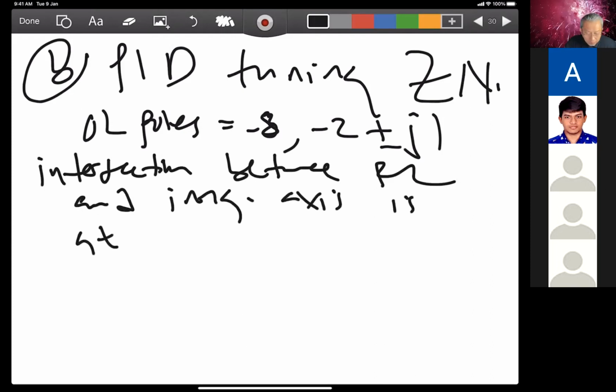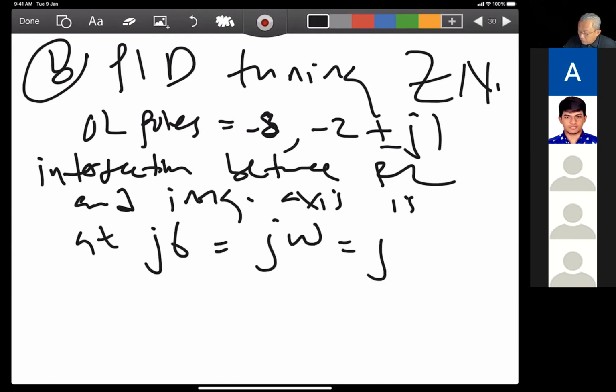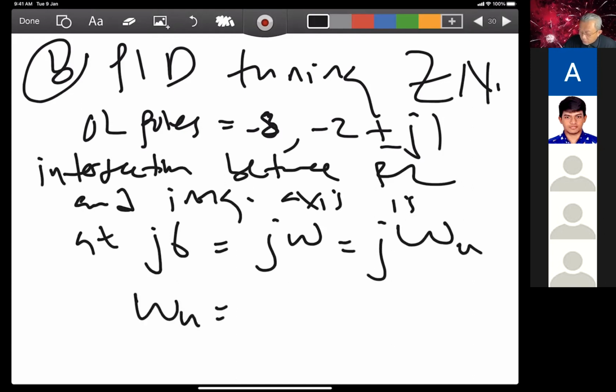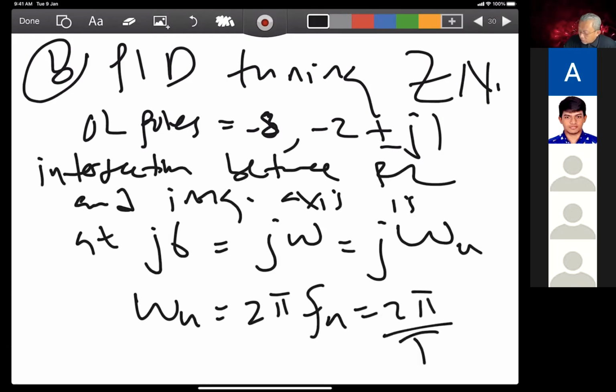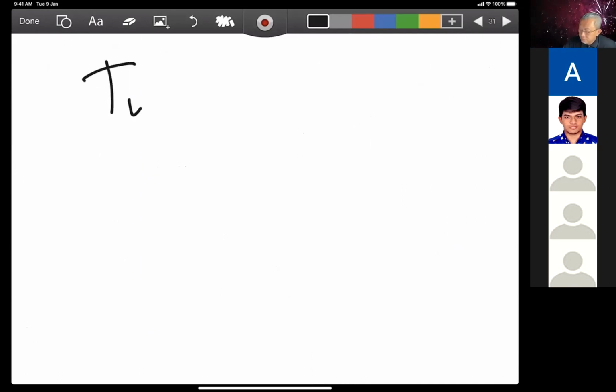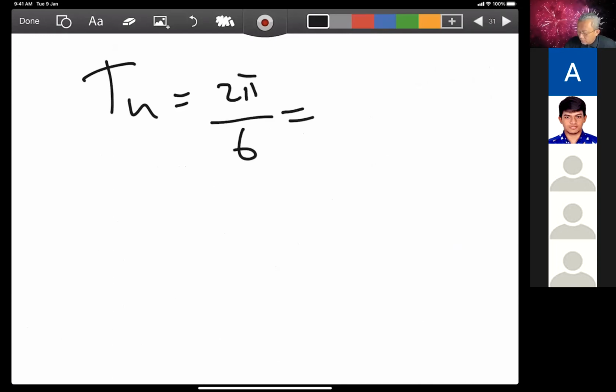It is at plus and minus j6, which is equal to j omega U. So omega U is equal to 2 pi FU, and this one is equal to 2 pi divided by TU. So TU is 2 pi divided by 6. So more or less you get 1.05 seconds, or 1 second.